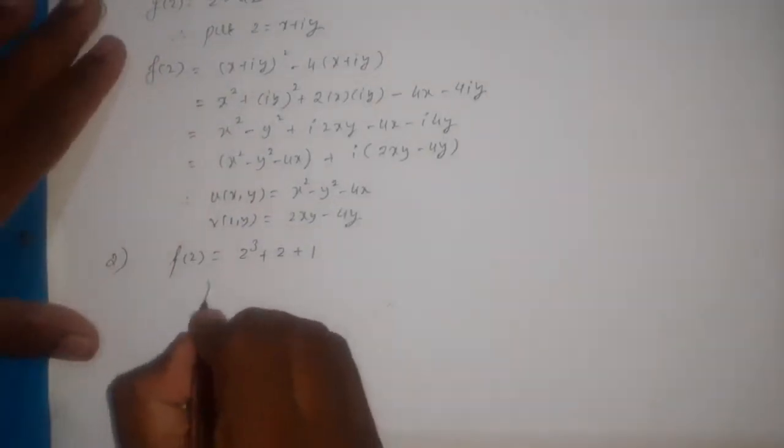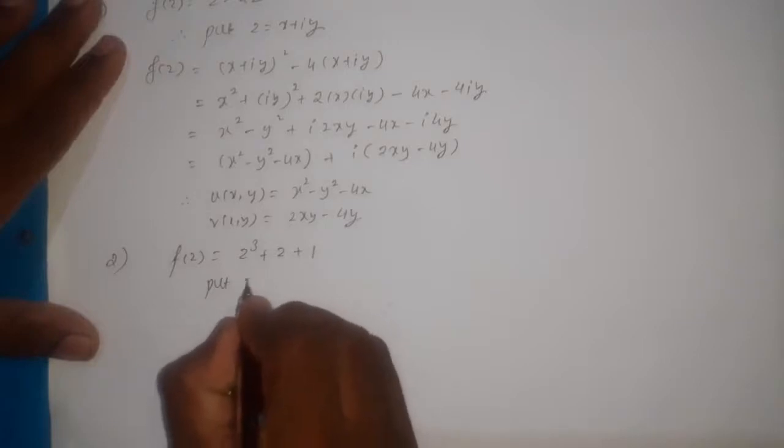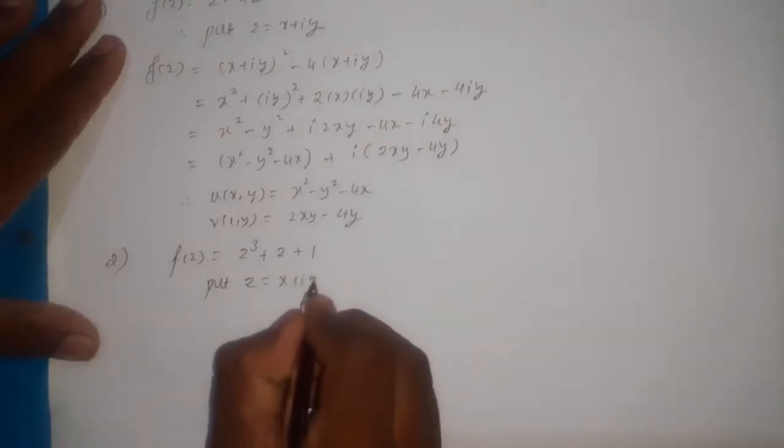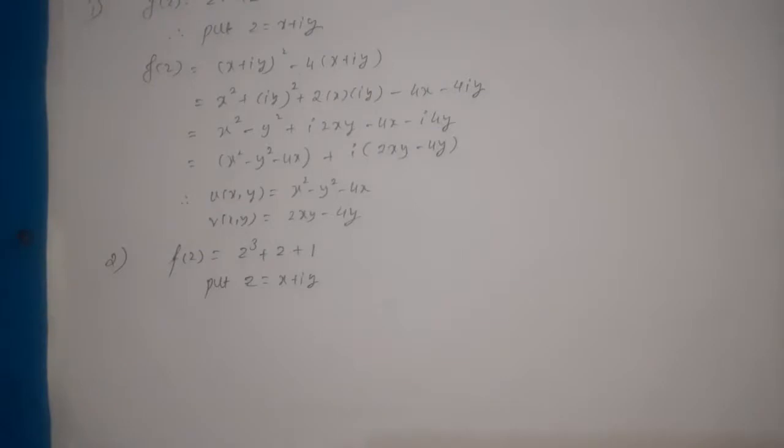Here also we need to substitute z equal to x plus iy, then simplify the function f of z is equal to z cube plus z plus 1.